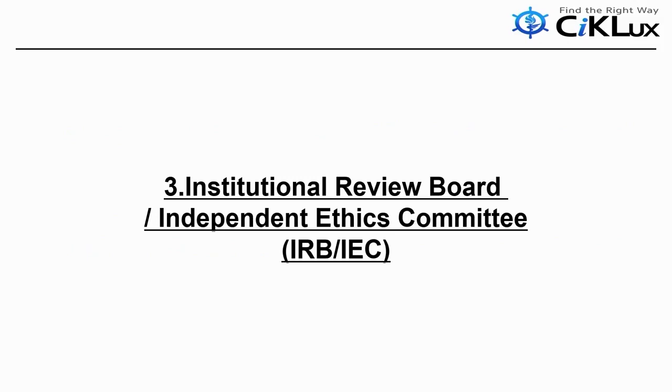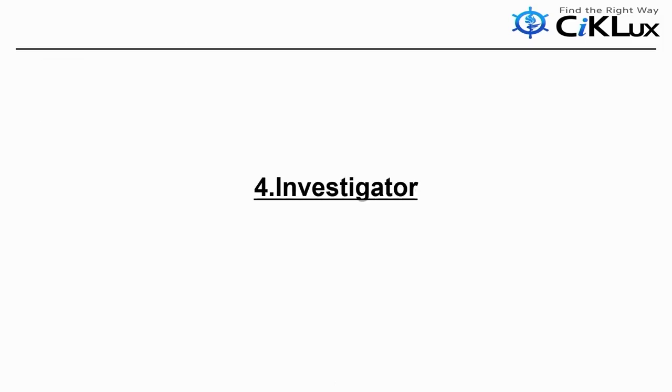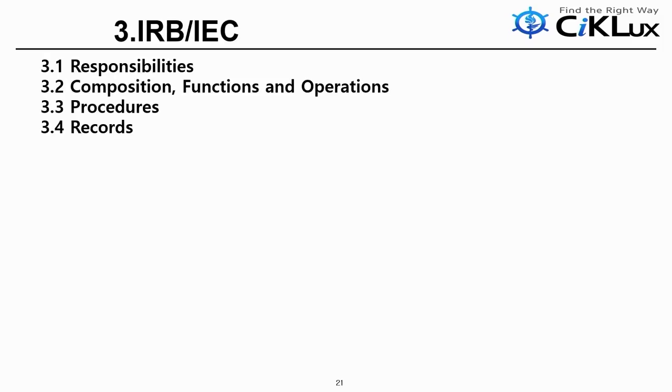The third part is IRB and IC. No changes in R2. The responsibilities, the composition, what kind of procedures should be taken at the IRB/IEC, and the record retention period, nothing has changed.